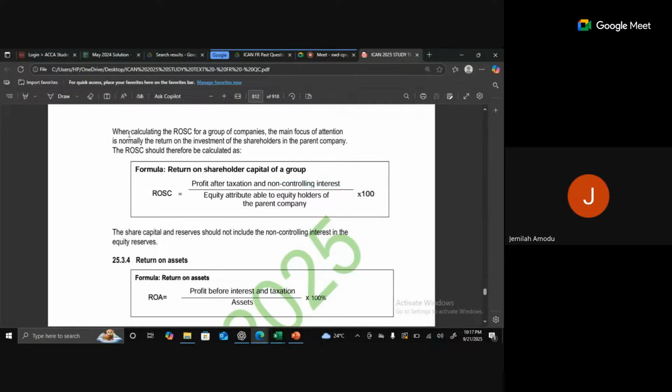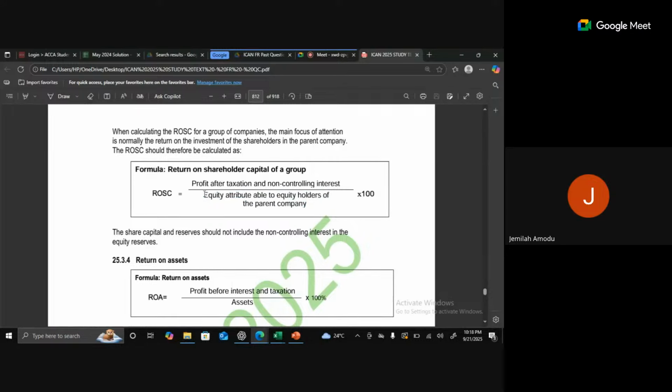The why is here. They said your attention is focused on the parent company. That part that is actually owned by the parent company is what you are looking at. And that is why the non-controlling interest part of it needs to go out. You calculate your return on shareholders for the group, then equity attributable to equity holders of the parent company.